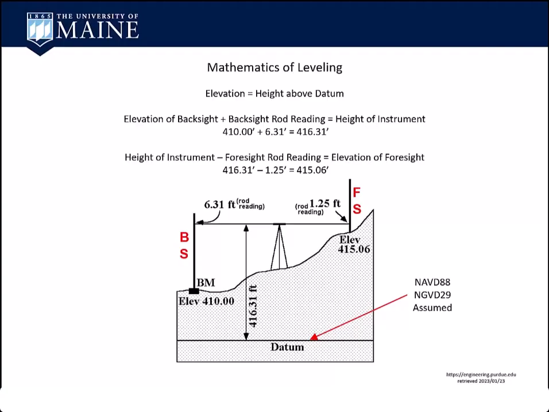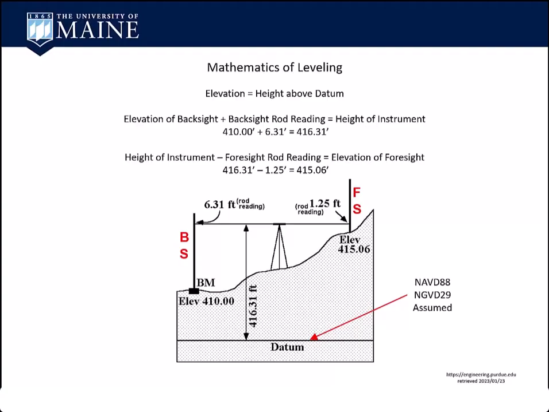Then you're going to turn the level physically. You don't pick it up and move it. You turn it because you've determined its height of instrument. Now you read the rod on the foresight, and the elevation of the foresight will be the height of instrument minus the rod reading.